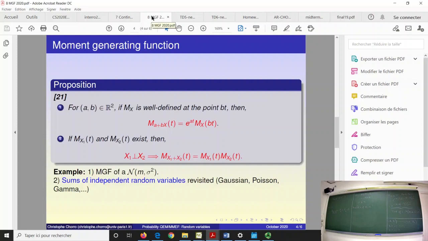You can consult your notes in order to have the moment generating function of a gamma if you don't know it for the moment. Of course, to be correct with the definition of a gamma, I need to impose A strictly positive, B strictly positive, and lambda strictly positive. For sure.